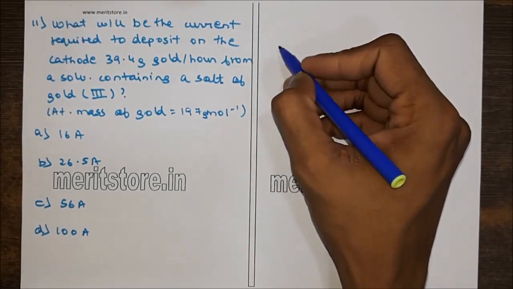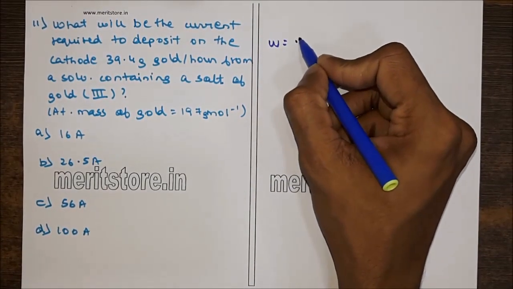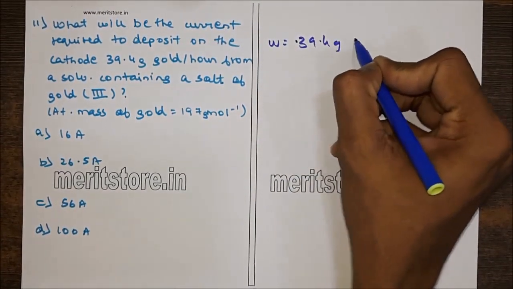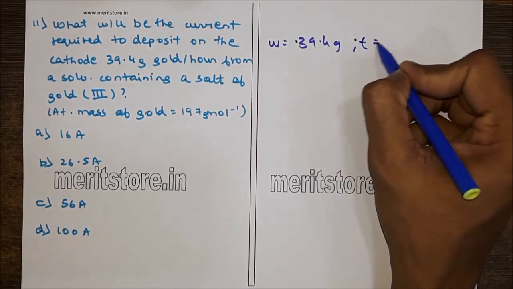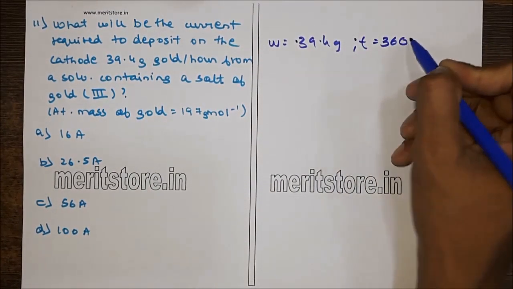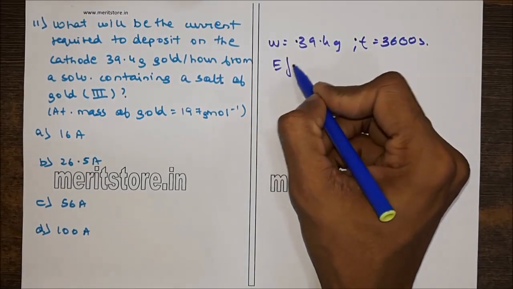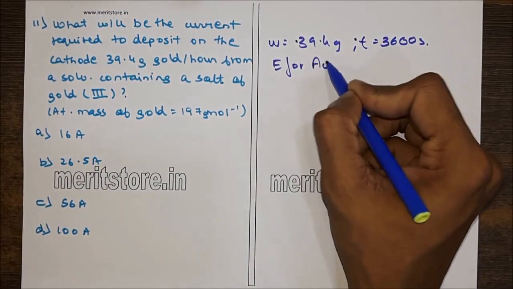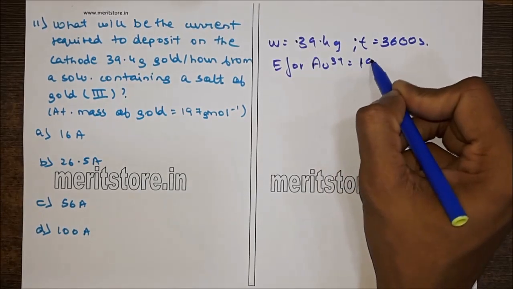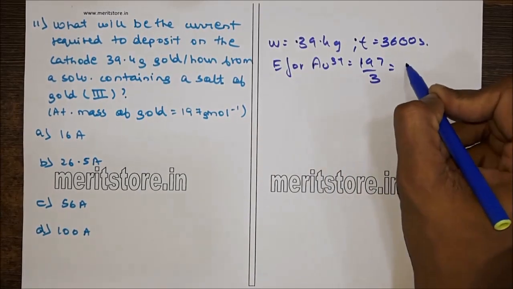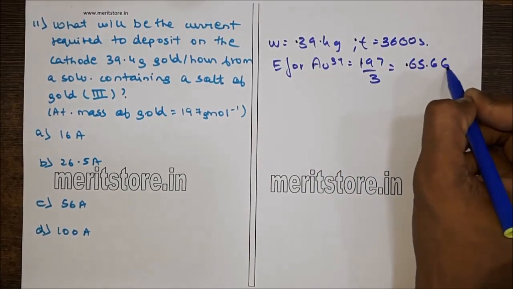So we have weight given as 39.4 grams and T is equal to 3600 seconds. For Au3+, we have 197 by 3, that is 65.66.